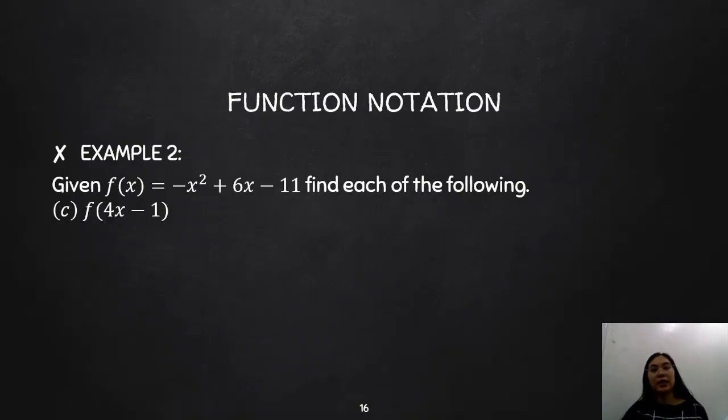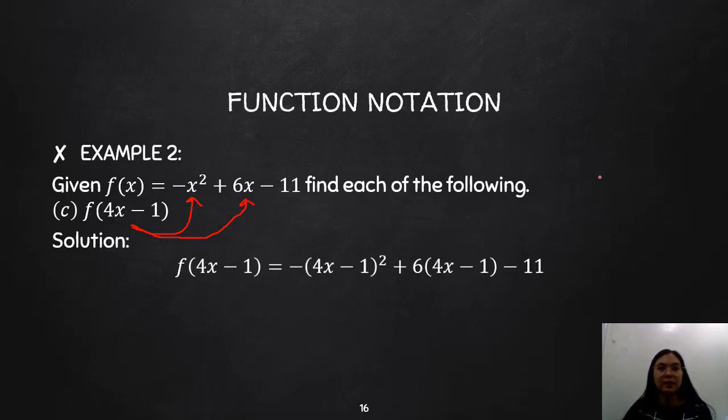And then, going to the last example. What if you want to get the value of the function at f of 4x minus 1? Again, si 4x minus 1, isa-substitute lang natin siya sa lahat ng x variables na nakikita natin sa right side of the equation. Then you will have negative the quantity 4x minus 1 squared plus 6 multiplied by the quantity 4x minus 1 minus 11.